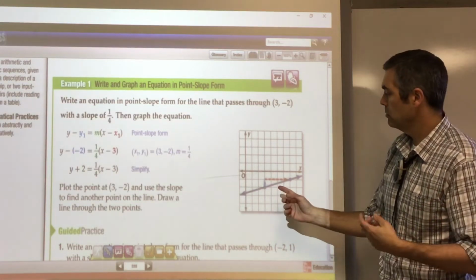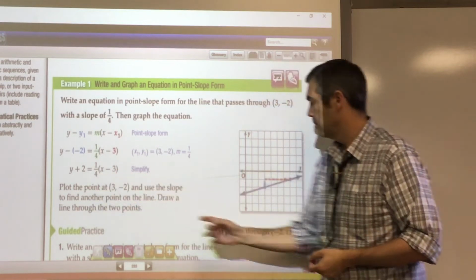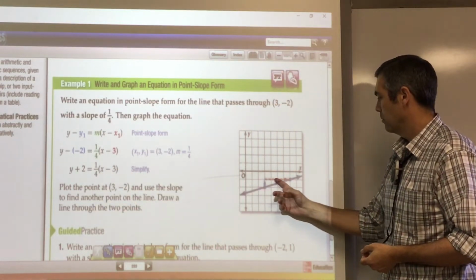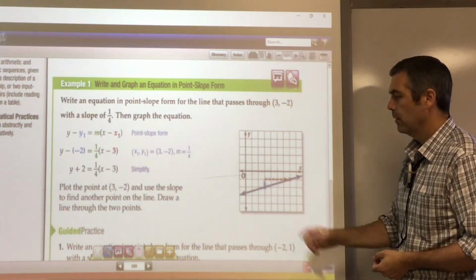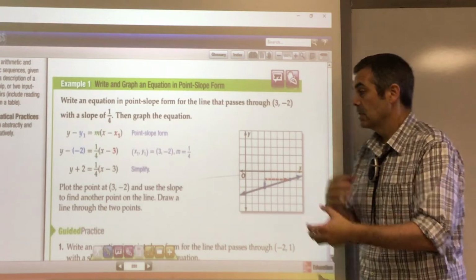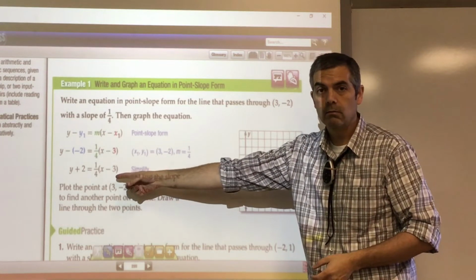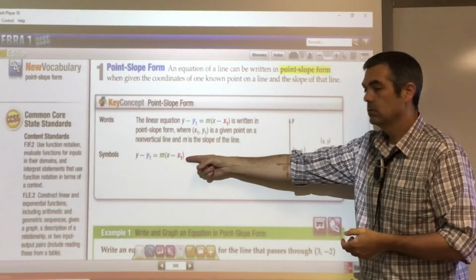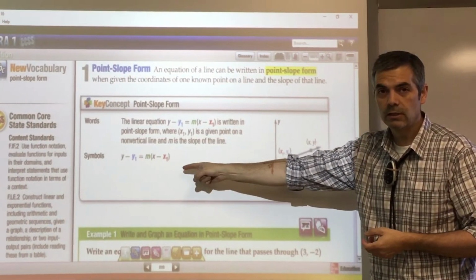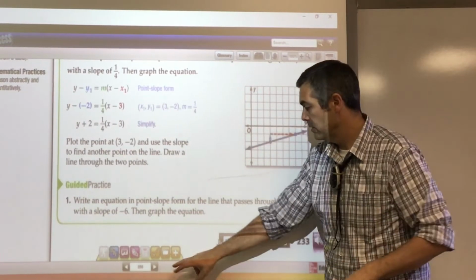Then they say use your slope: rise 1, run 4. Rise 1, run 4: 1, 1, 2, 3, 4. Make sure you have that, you're going to need it. That's just the first part of it.